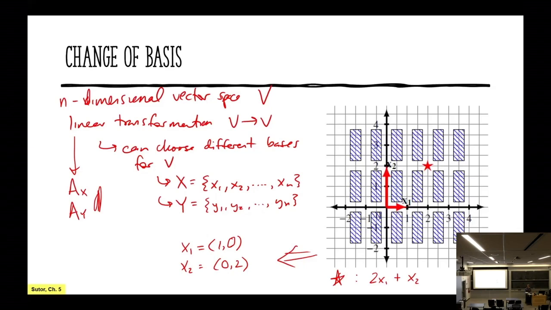What's kind of unusual is that x1 and x2 are not the same length, but I can choose anything. I did that on purpose because in my city, my blocks are different dimensions. They're rectangles instead of squares, so it's convenient to choose my basis with different lengths.